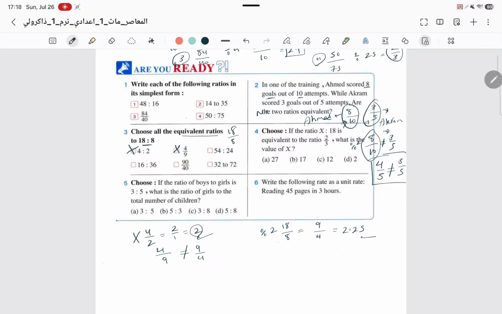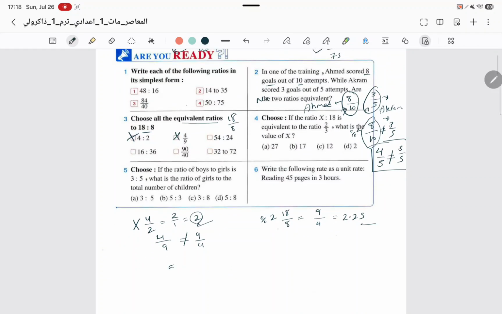The third one here, we have 54 over 24. If we look at 54, we can divide both by 6 here.